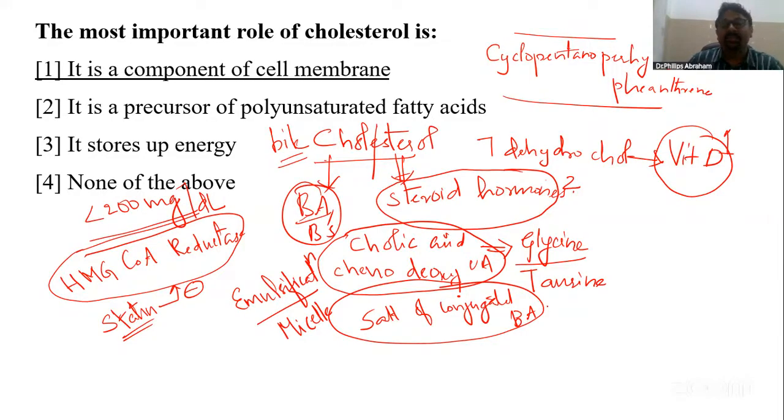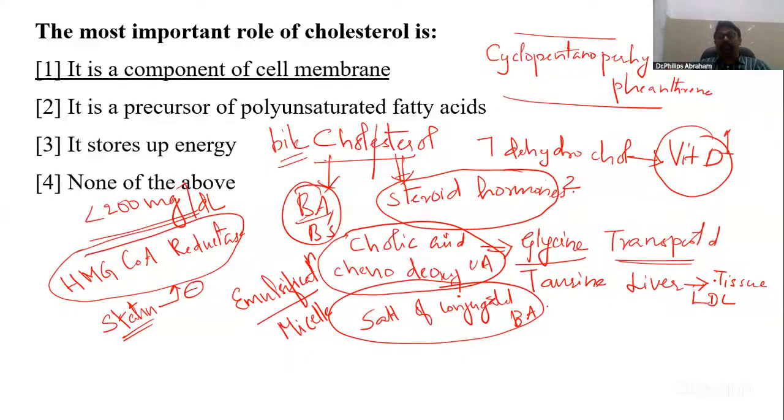And then one more portion about cholesterol. One more thing about cholesterol, how it is transported in the blood. As we know, from liver to tissues, it is by LDL, low density lipoprotein.